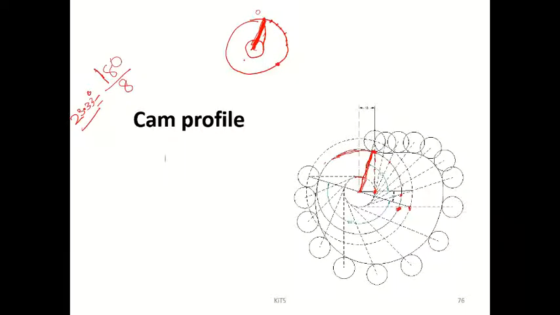After drawing lines up to this, from here onwards, consider this as 1, 2, 3, 4, 5, 6, and this is 7. From here onwards, you have to draw 22.5 degree lines, up to 8, 9, 10, 11, 12.